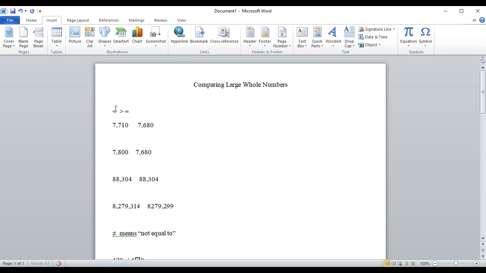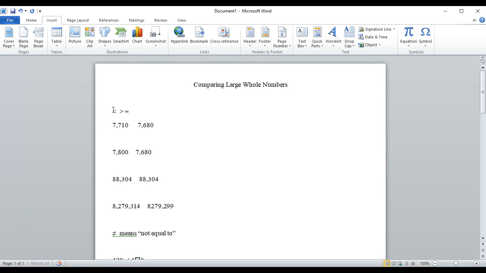So I want to go over these symbols a little bit. I know sometimes in the younger grades they tell you to think of them like a Pac-Man or an alligator mouth, and that is all well and good, but I want you to get to know the name of the sign. When the pointy side is to the left, it's called a less than sign. And when the open side is toward the left, it is called a greater than sign.